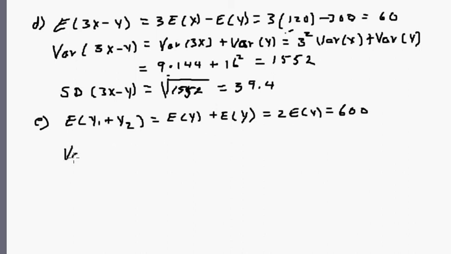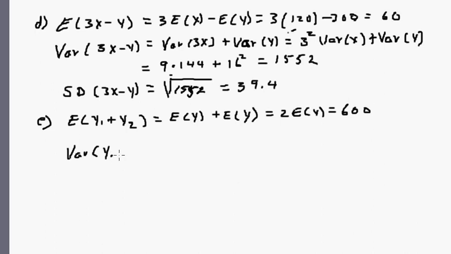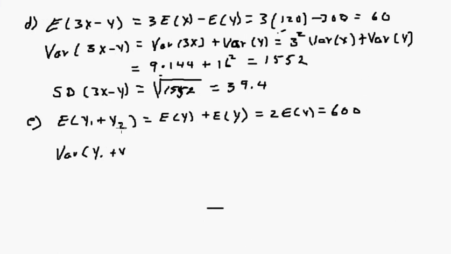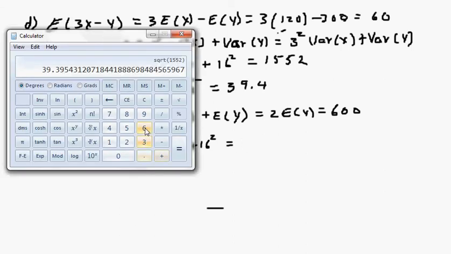Okay, now the variance of y1 plus y2 is simply going to be 16 squared plus 16 squared, or 16 squared times 2, so 512.